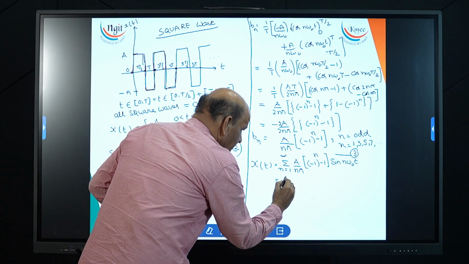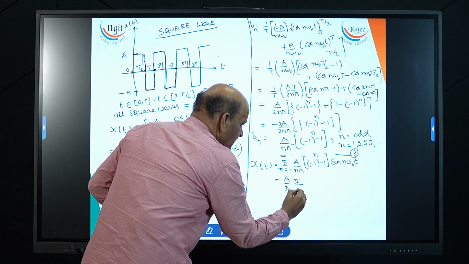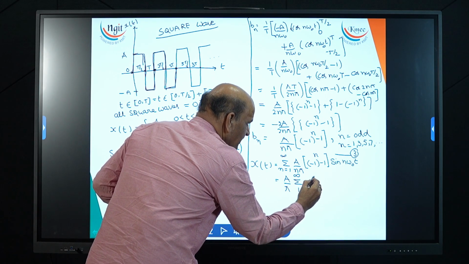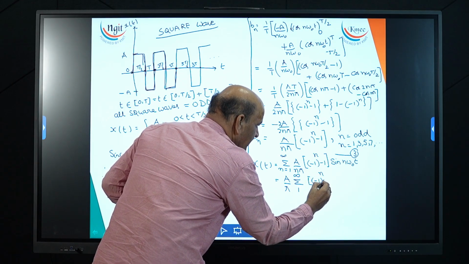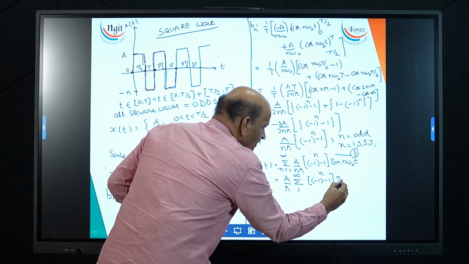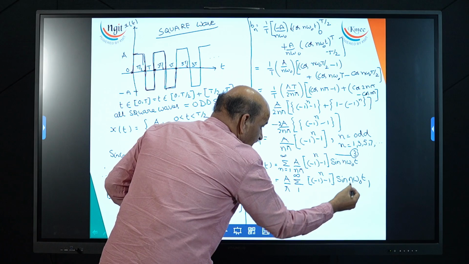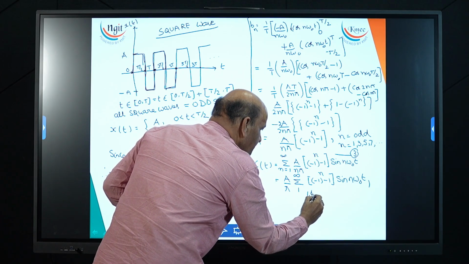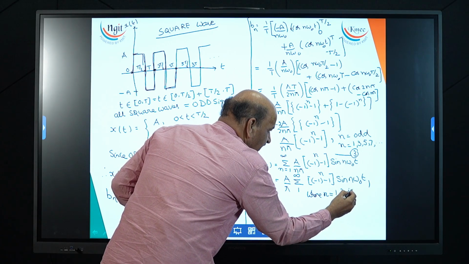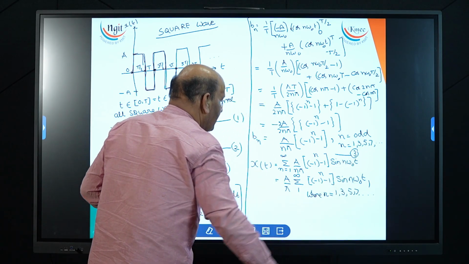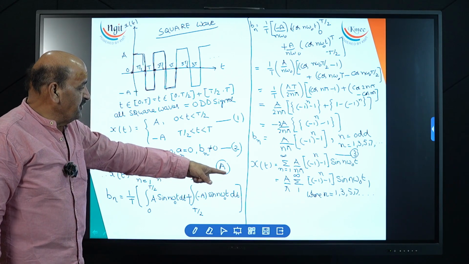Therefore, take a by pi outside the summation n equal to 1 to infinity, minus 1 whole power n minus 1 into sine n omega naught t, where n equal to 1, 3, 5, 7, etc. This is the Fourier series of the square wave.